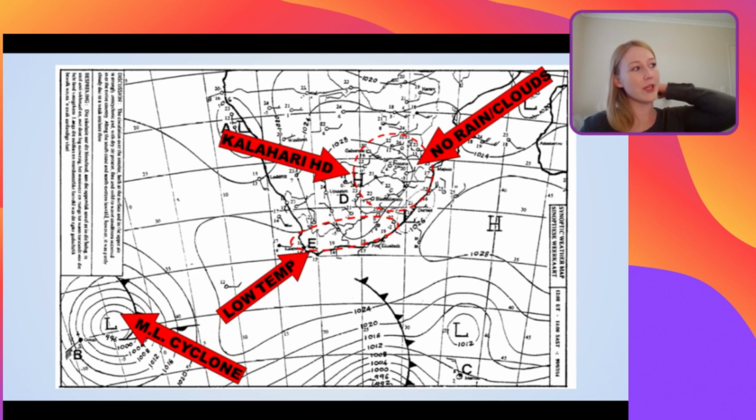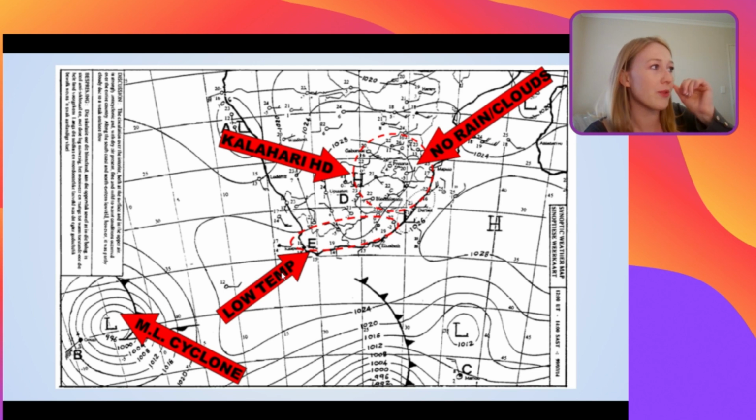When I'm doing synoptic weather maps with my students, I always point out certain key things, like how you can tell which season it is. The one is to look for a mid-latitude cyclone. If there's a mid-latitude cyclone close to South Africa, close to the Western Cape, it's winter.